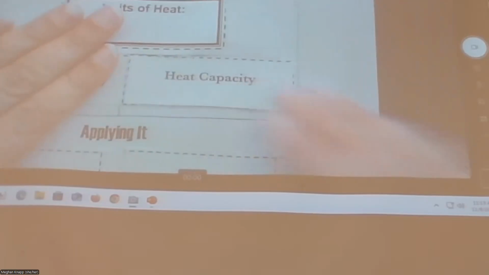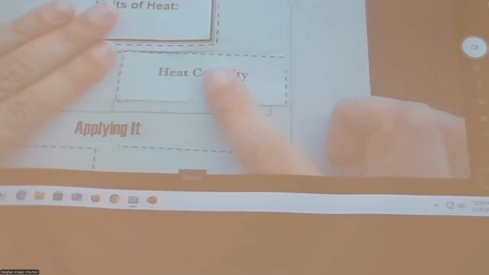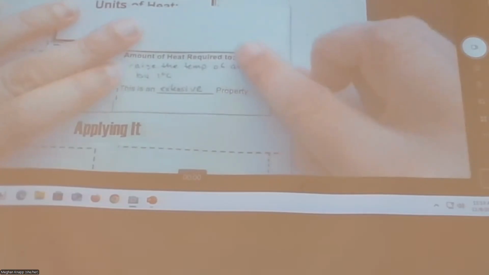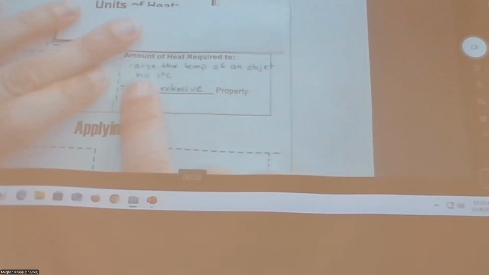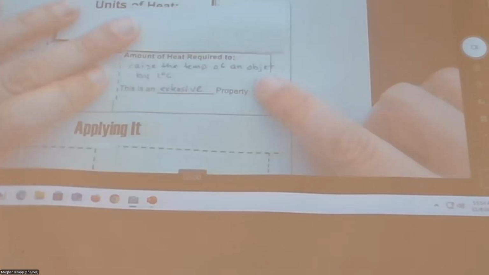Okay. We are also going to talk about things that just have a heat capacity. So the heat capacity is going to be for an object. So similar definition, it raises the temperature, but not of a substance, of an object. And that object may have different parts that are made up of different things. For example, your calorimeter. So we'll talk about calorimeters today. But it's still going to be how much per degree Celsius.